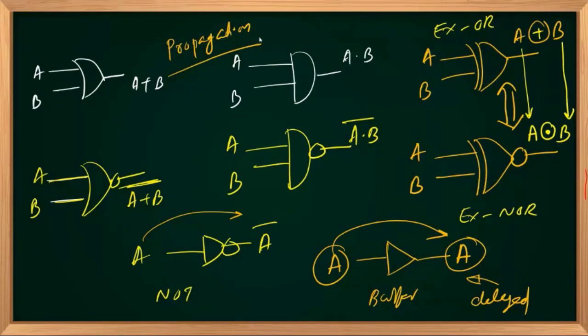Some logic families will have the least propagation delay, some other families the highest, and some moderate. It's all about the construction of logic gates and their families. Up to this point we have discussed the buffer, which was not discussed in yesterday's class, so I have included it. Then we'll see some more properties of logic gates from which you can expect questions in the examination.